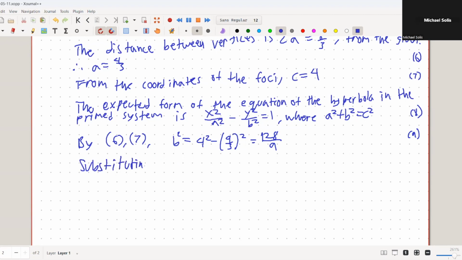Now, substituting, so if you substitute 6 and 9 into, okay, let's label it, so that's equation 10, no?